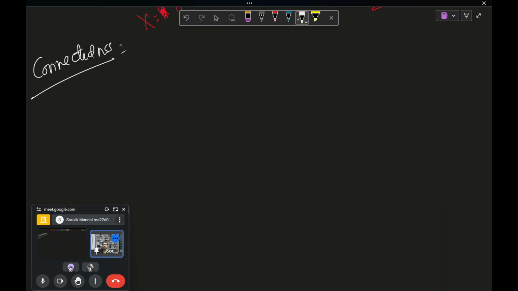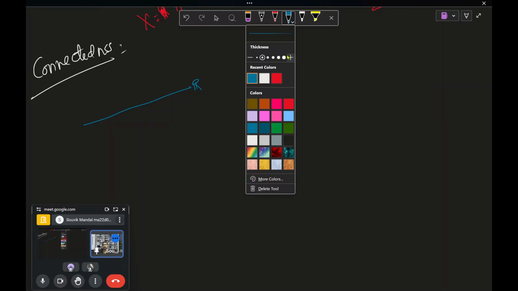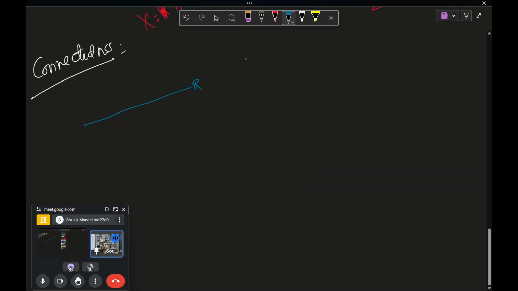Suppose this is the real line R. So left side, right side is infinite. It is naturally connected, in an obvious way, because there is no disconnection or there is no gap.